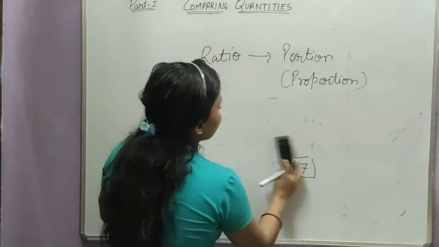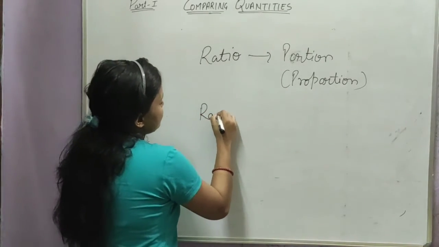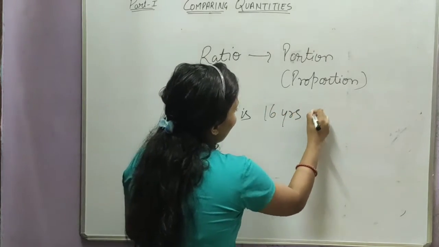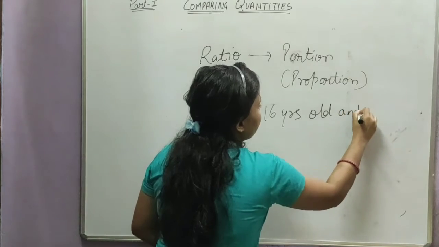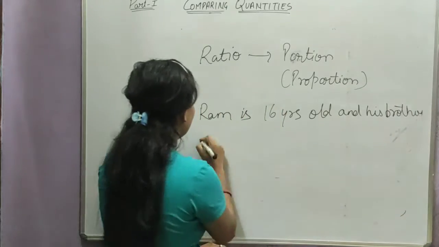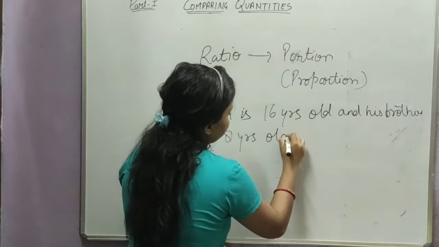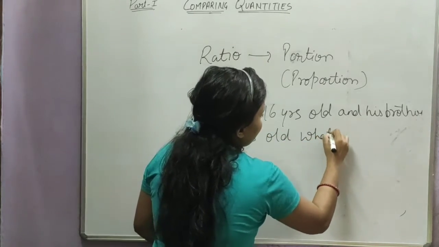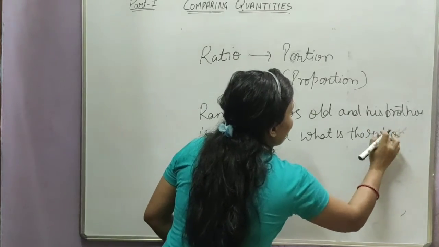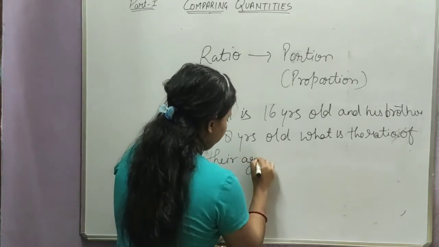Let's take another example for the ratio. If I say Ram is 16 years old and his brother is 8 years old. What is the ratio of their ages?